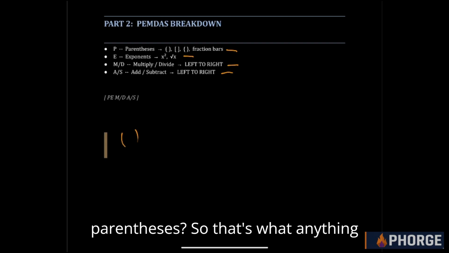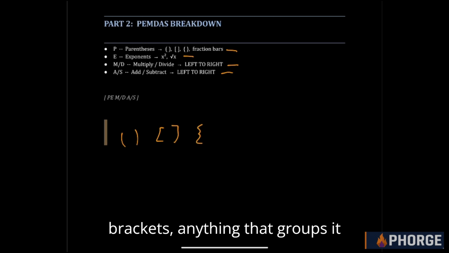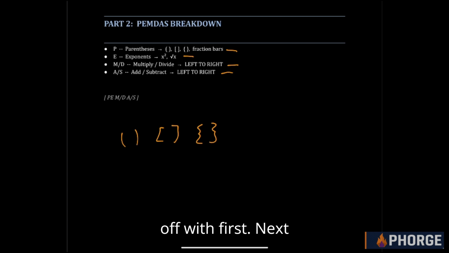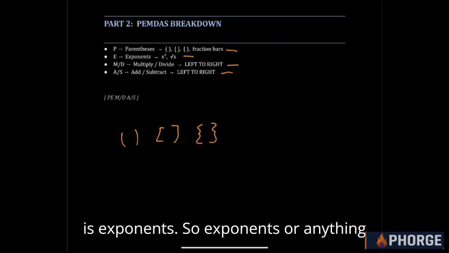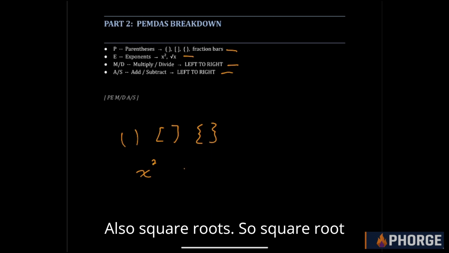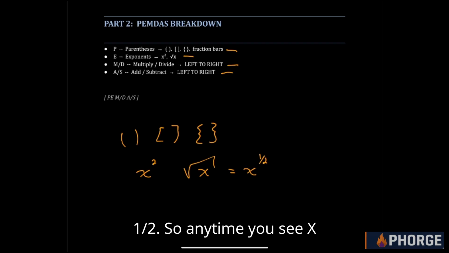That's anything with parentheses, square brackets, curly brackets, anything that groups it together. That's what you need to start off with first. Next is exponents. Exponents are anything that has a power, like x to the something, also square roots. A square root is actually just x to the 1/2. So anytime you see exponents, that's what comes next.